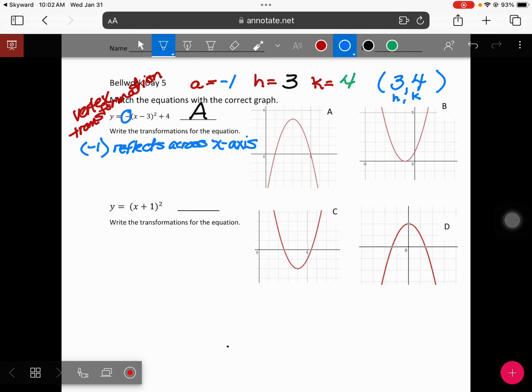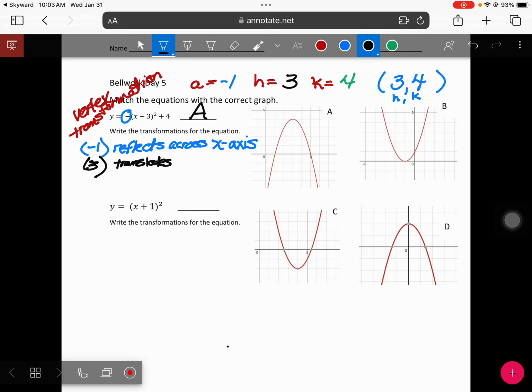When we have h is equal to 3, what is the transformation I would write for that? Somebody else, please. Somebody I haven't talked to. Translates 4 to, did you say 4? What did you say?